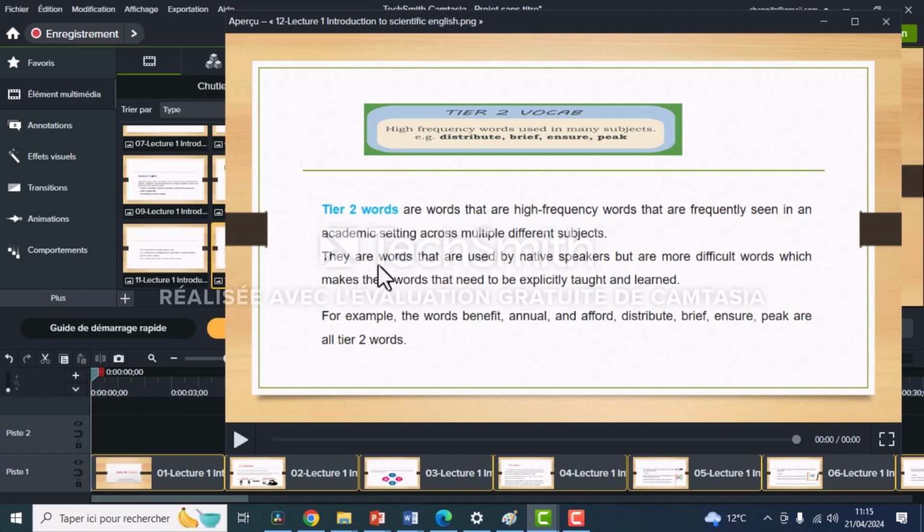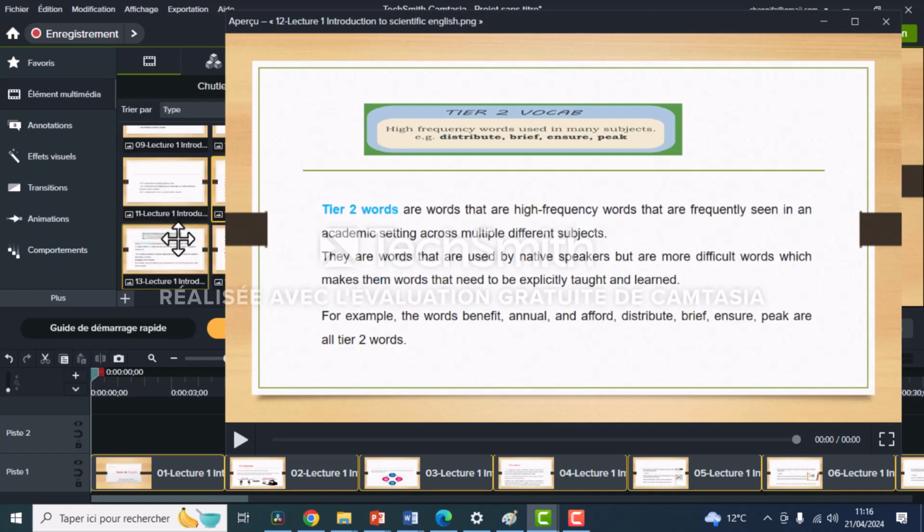These are words that are used by native speakers, which are more difficult words and need to be taught and learned. For example, benefits, annual, afford. These words should be learned, and we have to learn about the use of these words in the appropriate context.